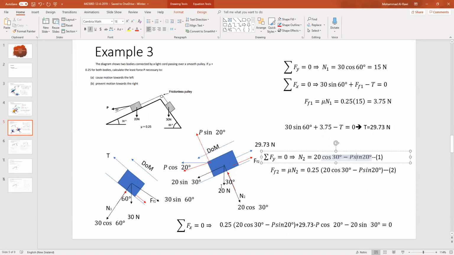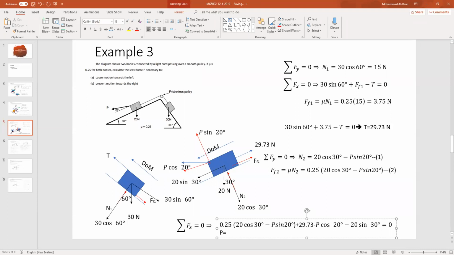And then friction force 2 plus the tension minus the component of the weight, minus the component of the P force in that direction. These are all numbers. As soon as you get that value, you just recalculate everything, and then you will get the answer for this question.